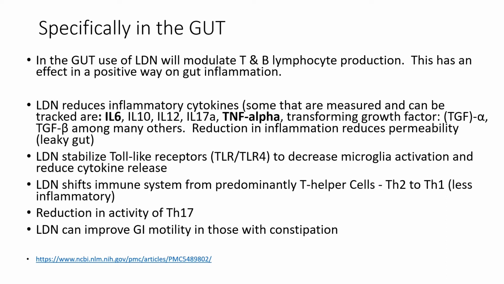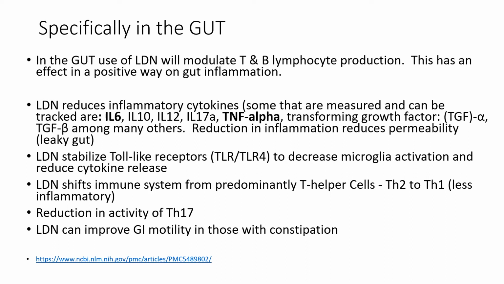We can draw blood and check for interleukin 6, interleukin 10, IL-12, IL-17A, tumor necrosis factor alpha, and transforming growth factor alpha, or TGF alpha, or TGF beta, amongst others.